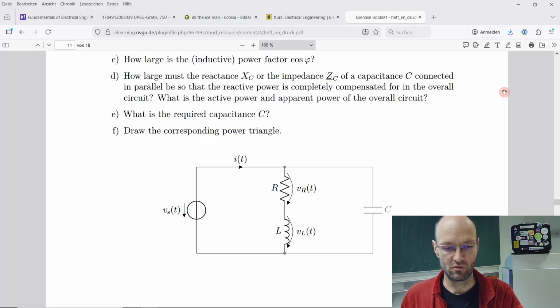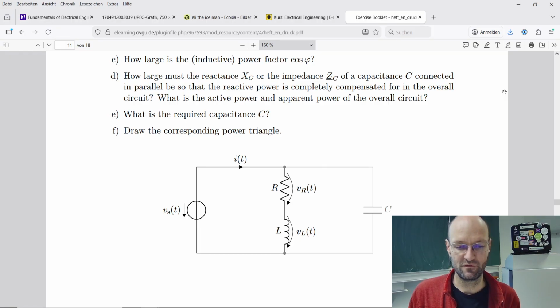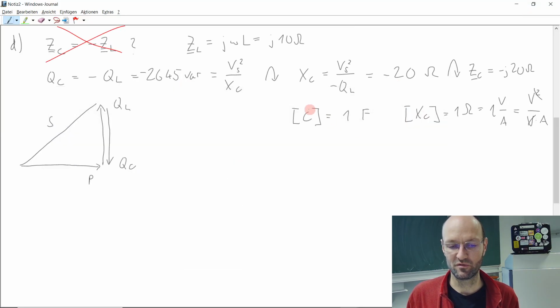Okay, so we have successfully finished the subtask D, and we already more or less also found a solution. No, not really. Maybe not. So how to find the capacitance now of the capacitor?